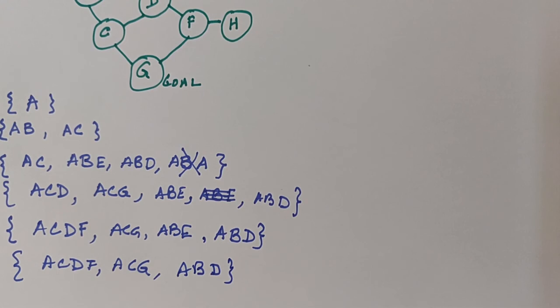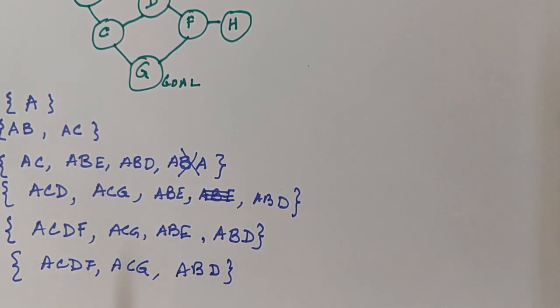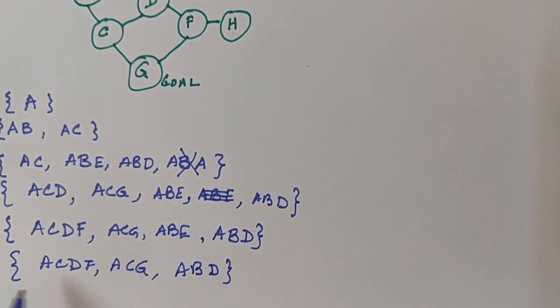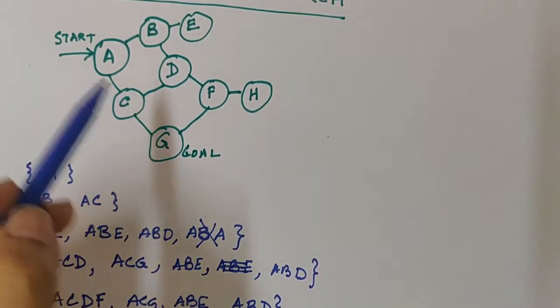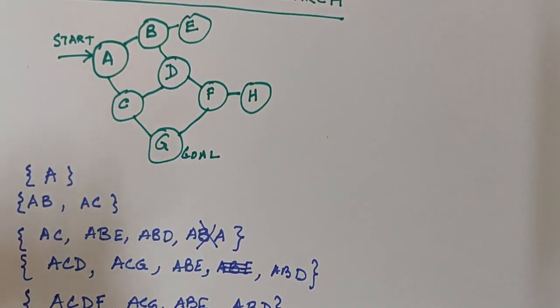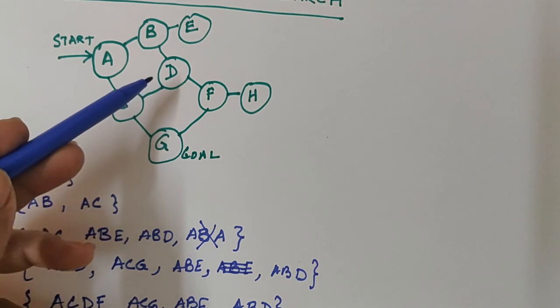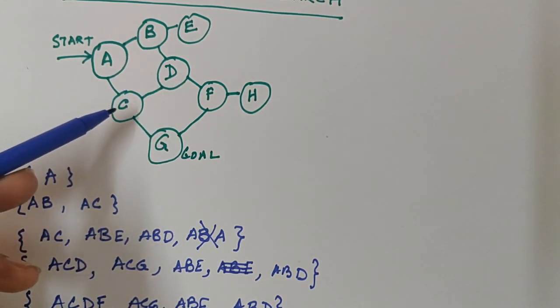Now ACDF, ACG and ABD remain. There's a tie between ABD and ACG, so maybe I remove ABD. By removing ABD, from D I cannot add C, it has already been explored.